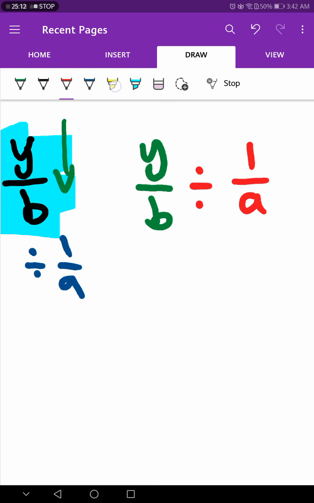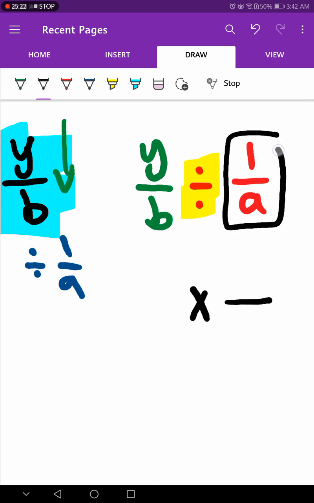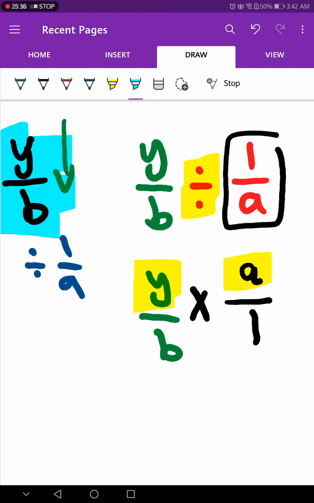What is the first step? Yes, change the divide to multiply. Great. And flip this. It will be A over 1. And the dividend stays. Now multiply up with up and down with down.